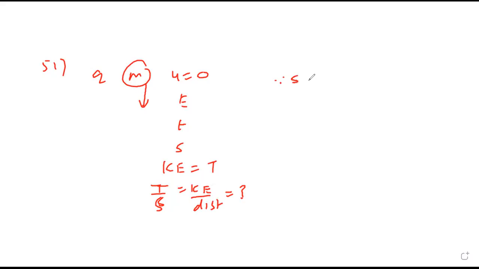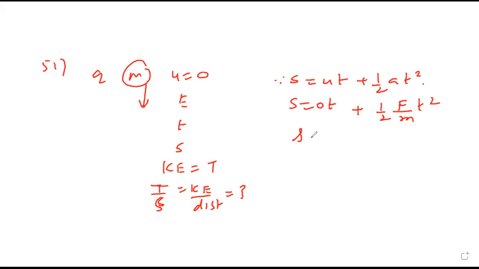What is the formula for distance? By kinematical equation, distance is ut plus half at square. So u is 0. Acceleration is force upon mass, so it will be half of force QE due to electric field, QE upon m into t square, equation 1.